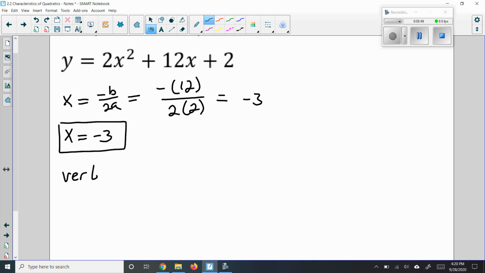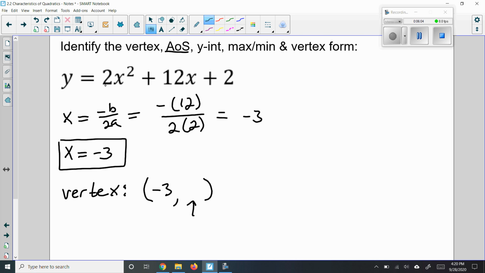Okay, let's find the vertex next. Well, the vertex has an x-coordinate of negative 3, which we already found. To find the y-coordinate, we're just going to plug in negative 3 for x.